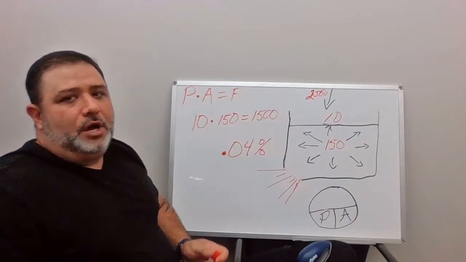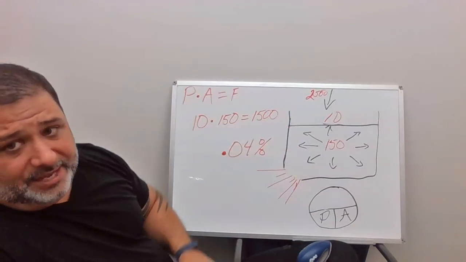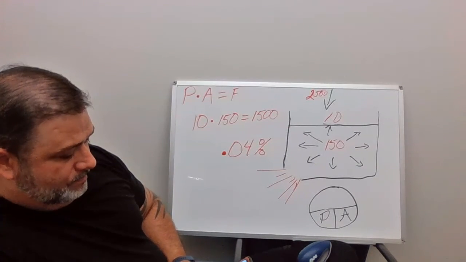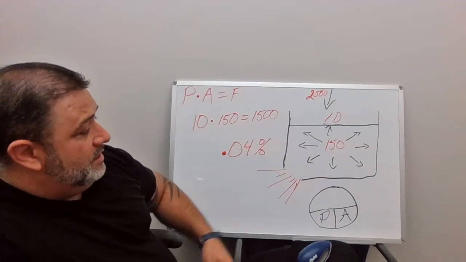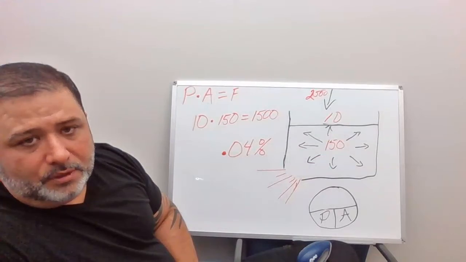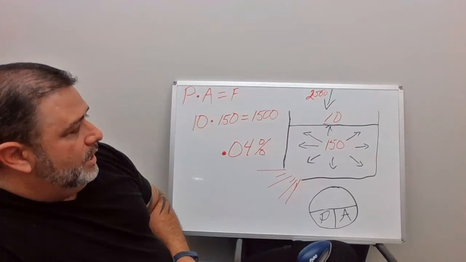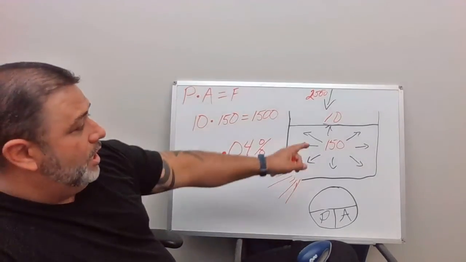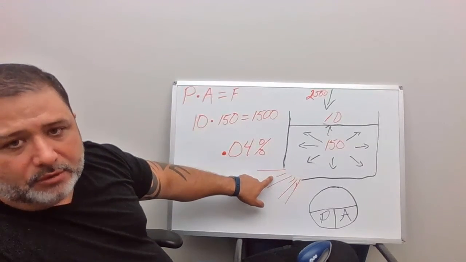If we have 2,500 pounds getting pressed down onto this fluid with 10 inches, this would be 250 pounds. Now, if this container can only handle 150 pounds worth of pressure, that's when we have a blowout.